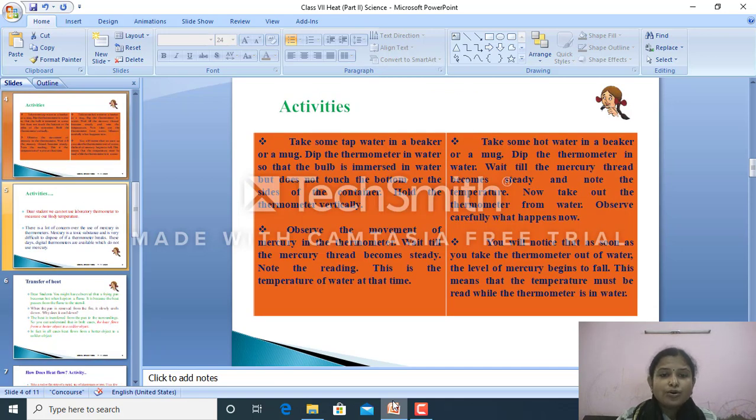Okay, so now we are going to do an activity, and this activity will tell you how we can use the laboratory thermometer, like how we can use this thermometer to check the temperature of hot water. You can see this activity is very clearly written over here, that we can take some water in any beaker or in any mug.